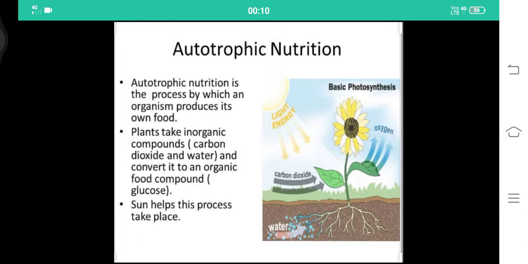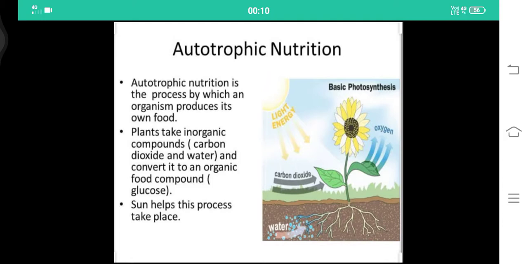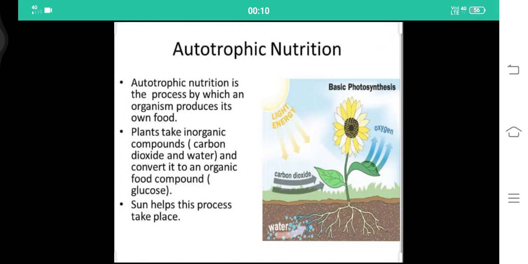See, photosynthesis. Clear? What does this picture depict? This picture says that this is the process of photosynthesis. This picture represents the preparation of food by the plants. Observe the light energy. Autotrophic nutrition is the process by which an organism produces its own food.